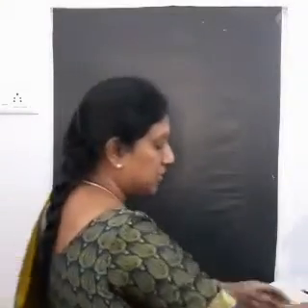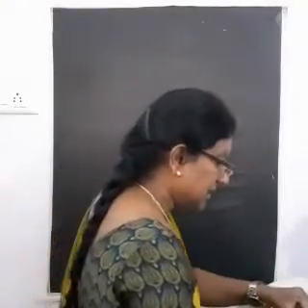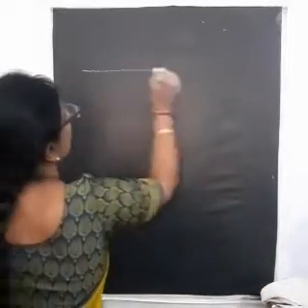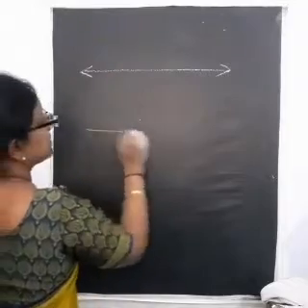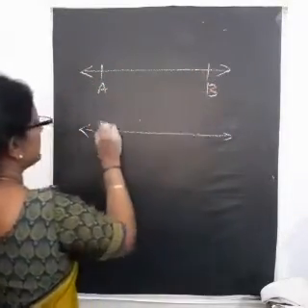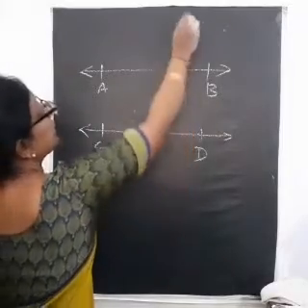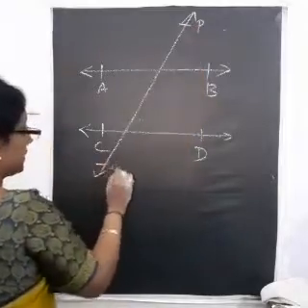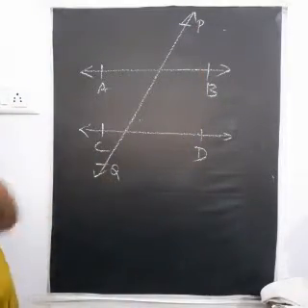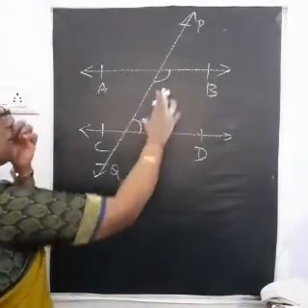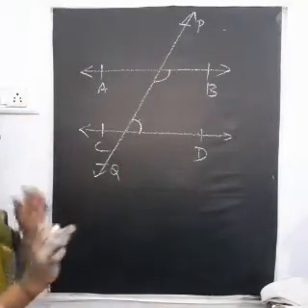Right. Now let us go on to the next theorem, which says, supposing you have a pair of parallel lines like this. Let's say you have A, B and C, D. There is a transversal like this, P, Q. Now this angle and this angle are in between the two parallel lines.